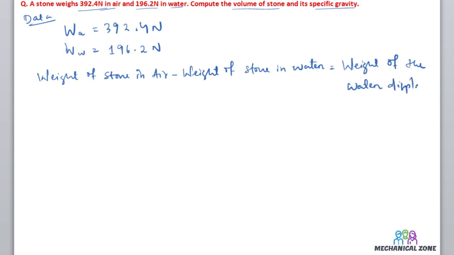This is for the case where the body is completely inside the water, and this is the Archimedes principle. So WA minus WW will be equal to the weight of the water displaced, which will be rho W, that means density of the water, g, acceleration due to gravity, and volume of the water displaced.